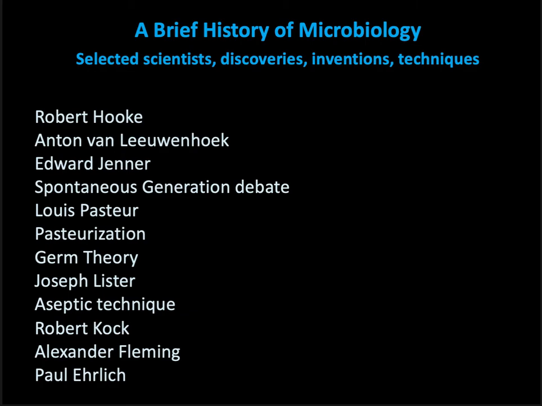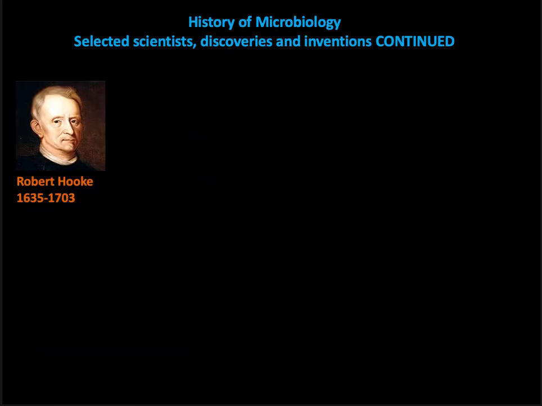Okay, so Robert Hooke, he's an English architect. In this day, in the very early days of science, scientists had to have a job to support their interest and investigations into science. And so he was an architect by day, physicist and philosopher by night, you could think of.